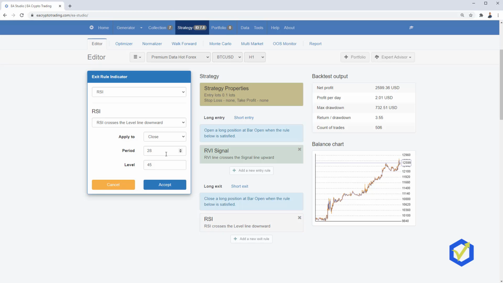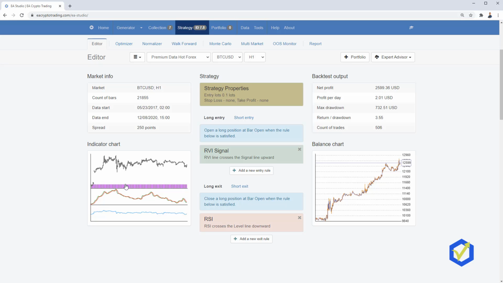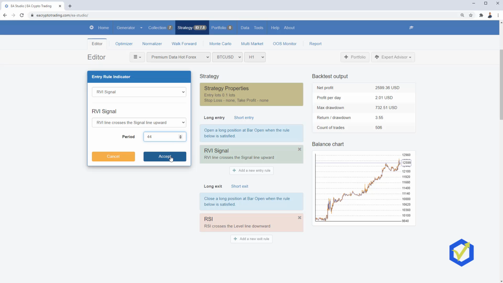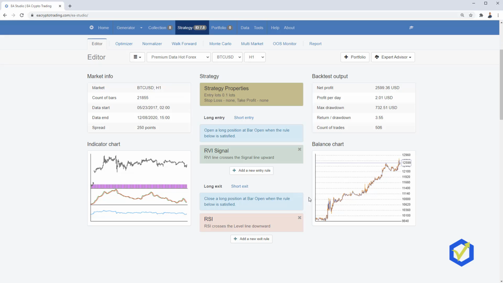It is really hard if you don't have such a strategy builder or such a software to find out which are the right parameters for the strategies. Okay, and the good thing here, immediately right after we do a change, we see the result. Let me try increasing it one more time. Now I think with 43 it has much smoother equity line.